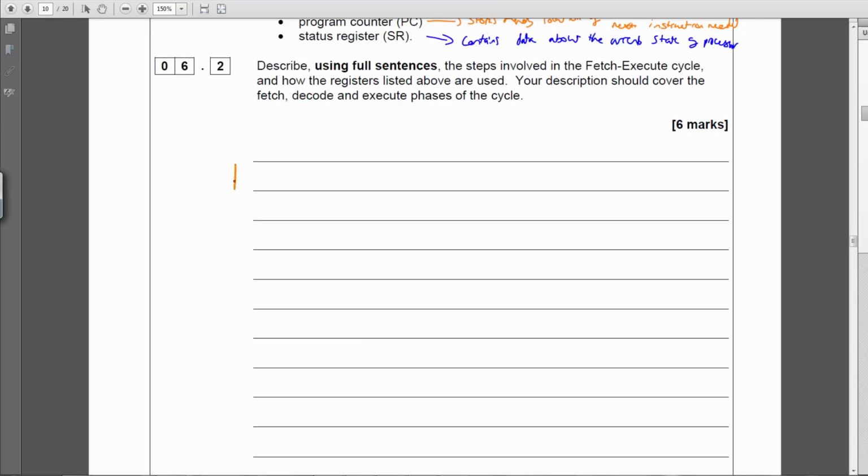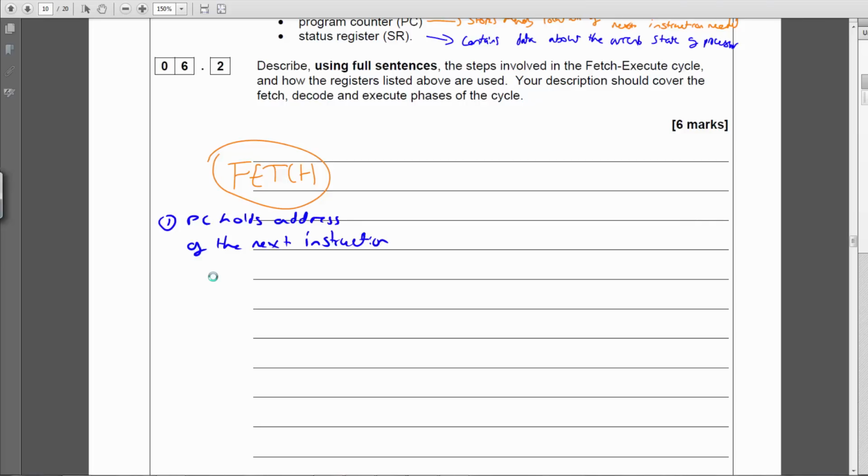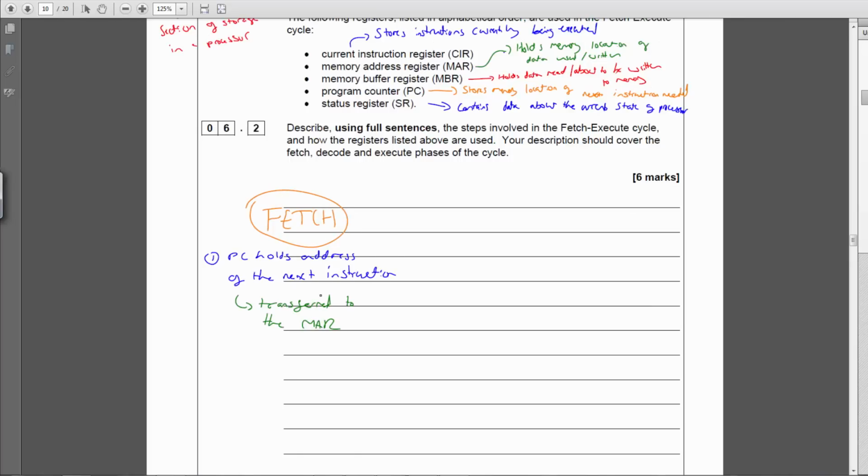So the fetch bit starts off with the program counter holding the address of the next instruction, and then this is transferred to the MAR, which as you can see is the memory address register.